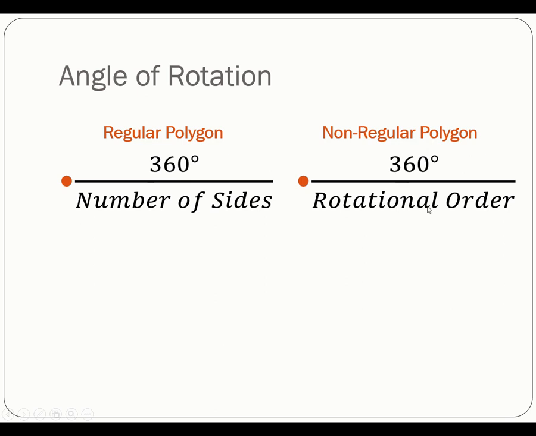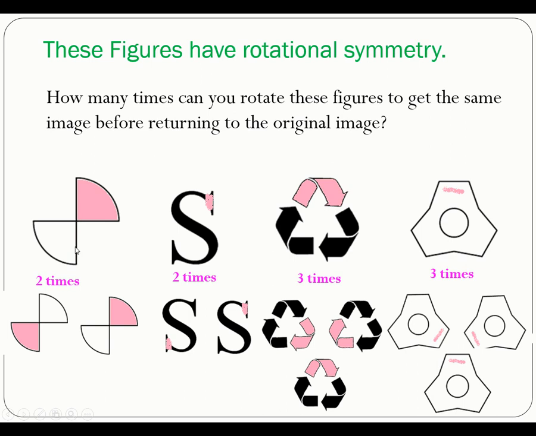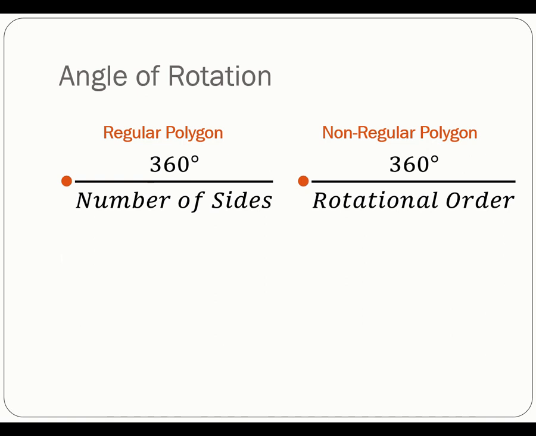That's what I was going over here. This had a rotational order of 2, if we think back to this slide, so its angle of rotation is 180, because 360, which is 1 full rotation, divided by 2 is 180. So if it's not a regular polygon, it's 360 over the rotational order.